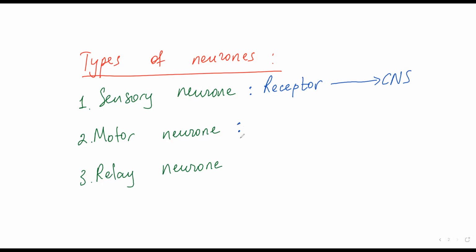The motor neuron makes the opposite action. They carry impulses or answers from the CNS to an effector. If you have damage in the motor neuron, you will feel the pain, but you will not give a response. It's the worst. You know Stephen Hawking?